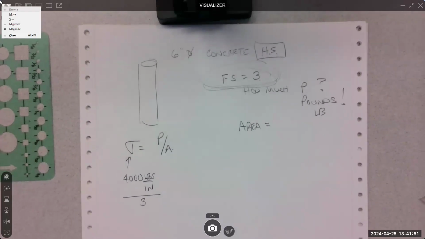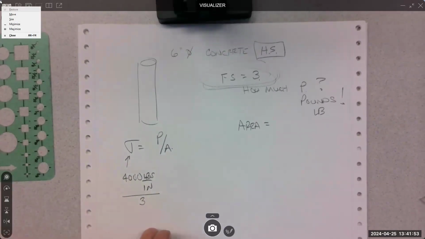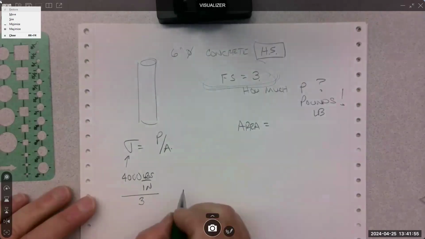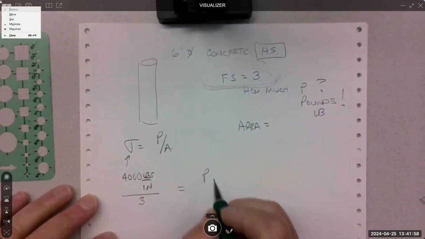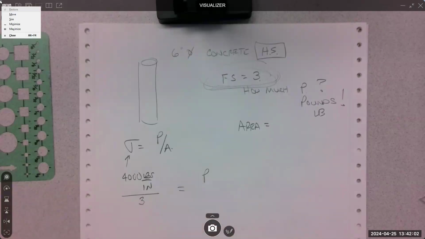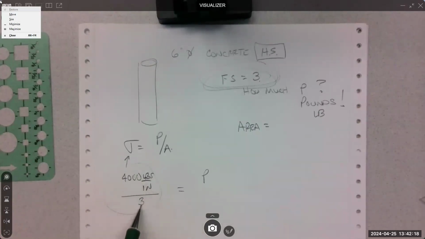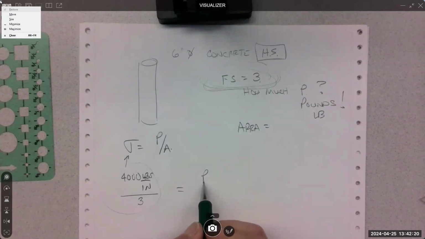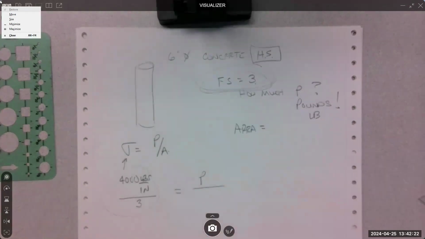That's important because anybody looking at this will want to see the real load. We don't want to apply the factor of safety to the load. We want to apply it to the stress. And it's good to show it like that: I looked up the material property and then I divided by the factor of safety, and that became my stress limit. Everyone knows I'm using high strength concrete, 4,000, factor of safety of 3. I'd like to know P. I don't know it. And then I can put the area in.